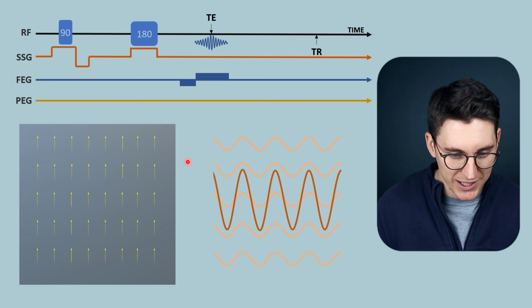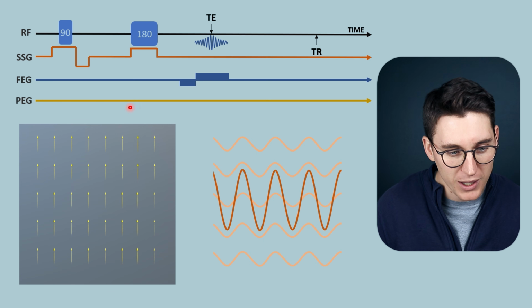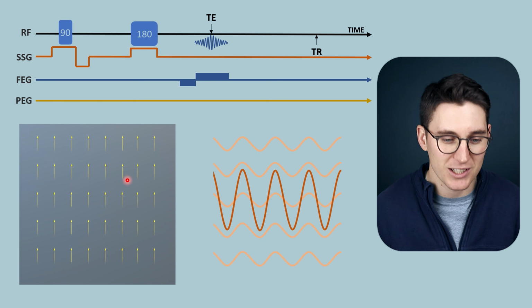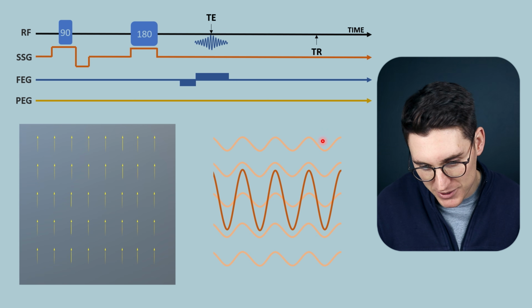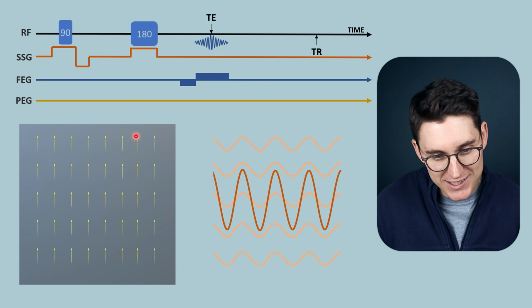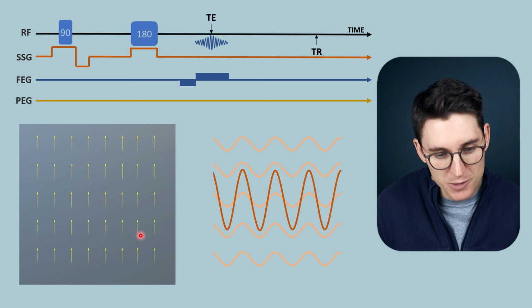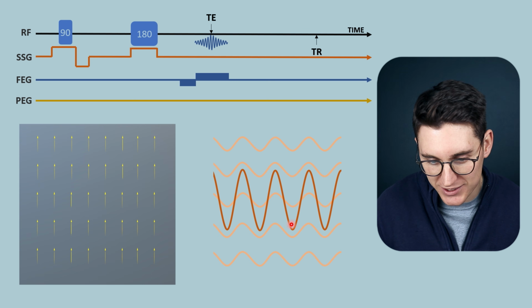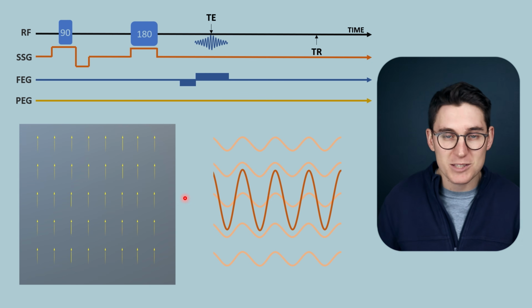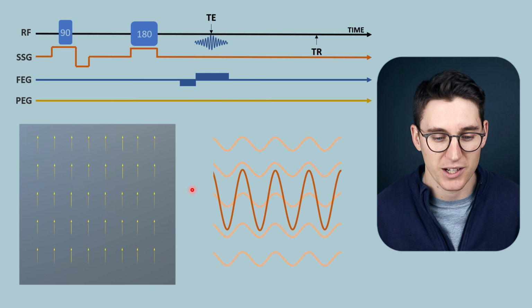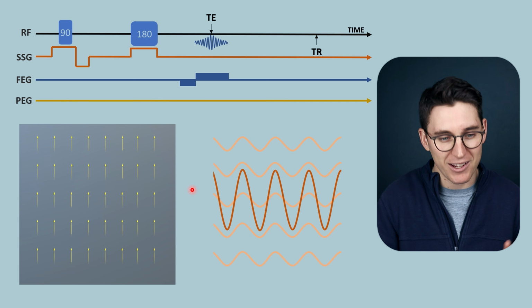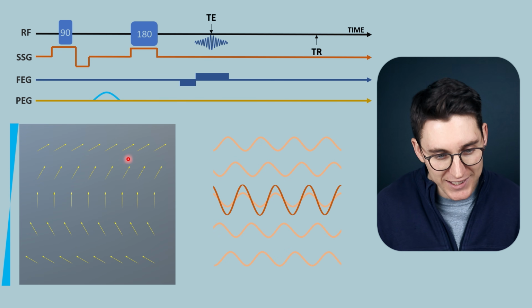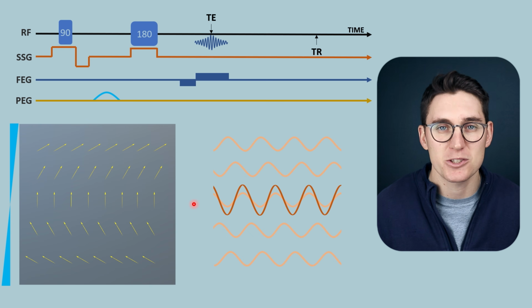Let's look at this slice now and see what happens when we apply a phase encoding gradient along the y-axis. I've represented with these waveforms here the signal that is being generated from each point along the y-axis. And you can see the net magnetization vector that is generated by all of these spins that were spinning in phase with one another. Now if we apply a phase encoding gradient, that is going to dephase these spins with one another.